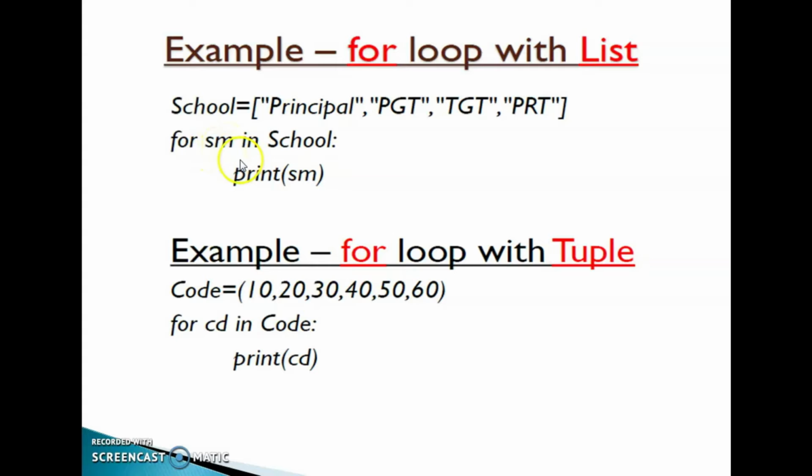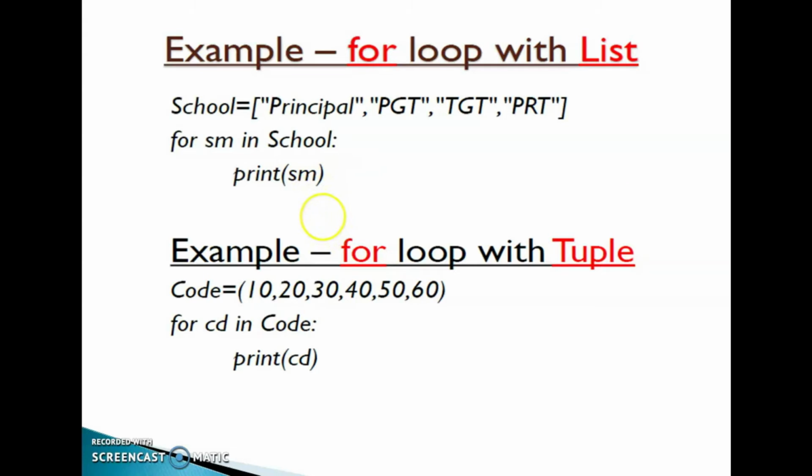So, first time we will get the answer principal. Then, during the second iteration, PGT is the value. Second value is assigned to this SM. Print SM, PGT, and so on. Okay, we can use this list with this for loop.